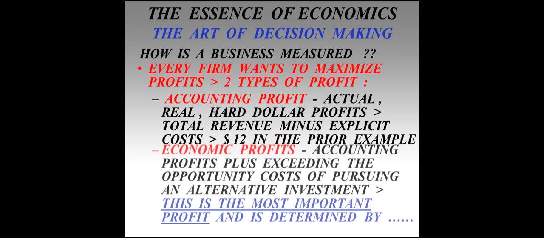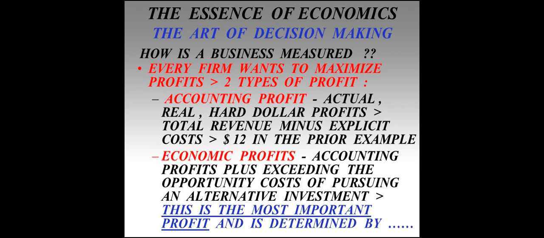Then there is a second type of profit. It's called economic profit. And what economic profit is, is taking the accounting profit and subtracting from it the opportunity costs of pursuing an alternative investment. And this is the most important type of profit.